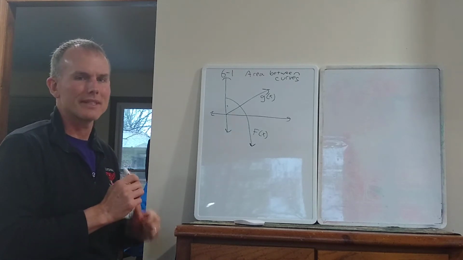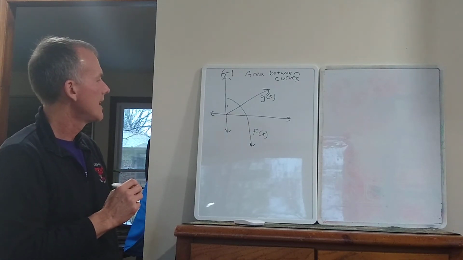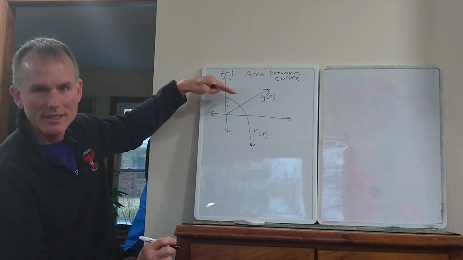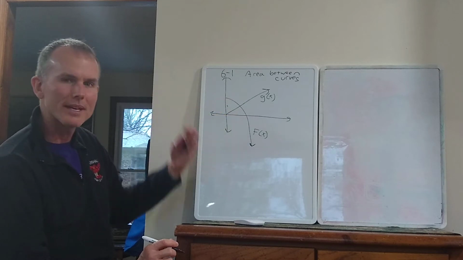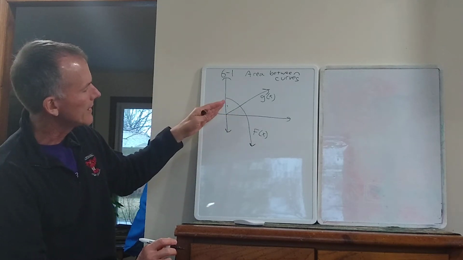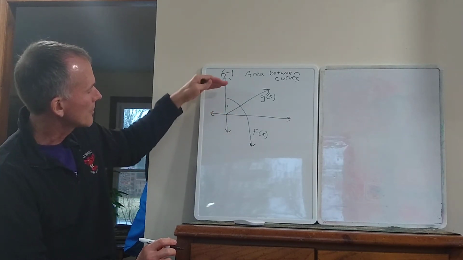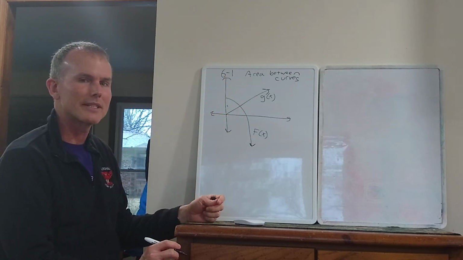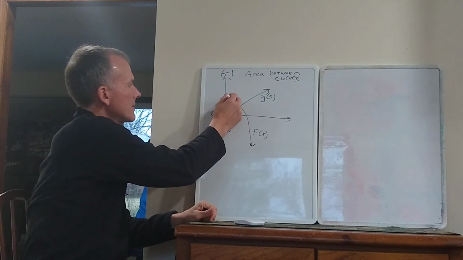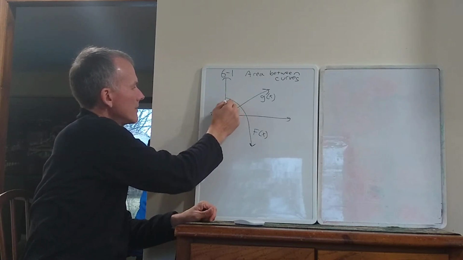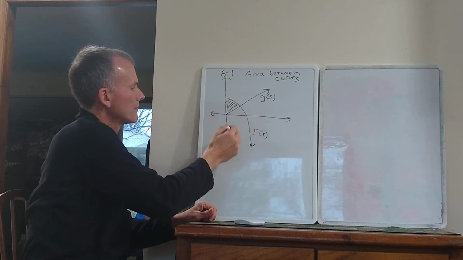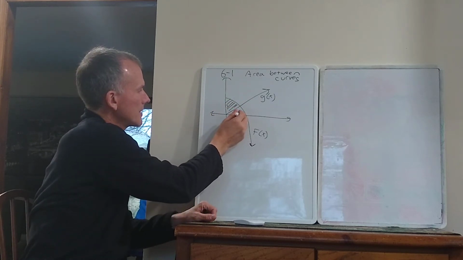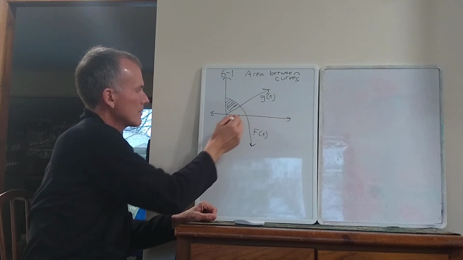Probably the simplest way to think about this is I know how to find the area between the curve g of x and the x-axis. I can do that with a definite integral. I know how to find the area between the curve f of x and the x-axis. That can also be done by a definite integral. Since I want just this area right here, let's say that these two curves intersect at the point x equals a.